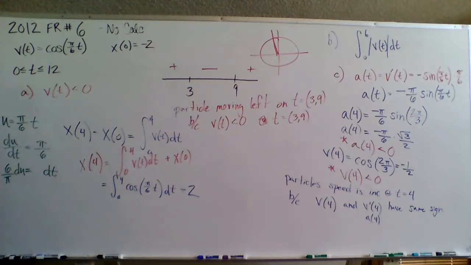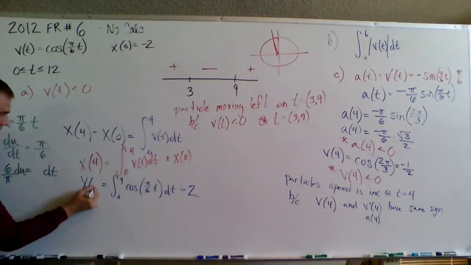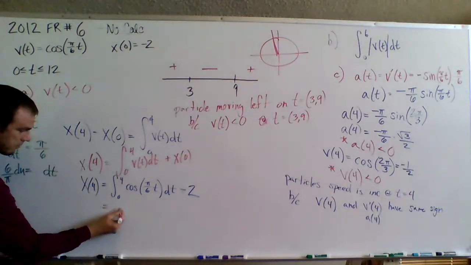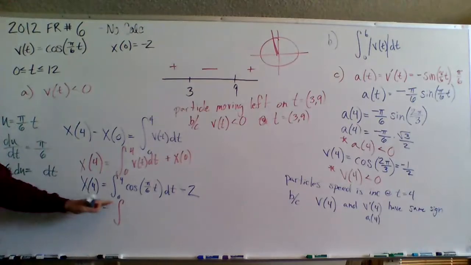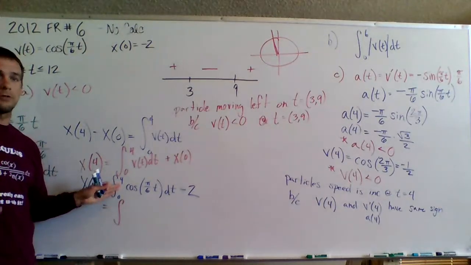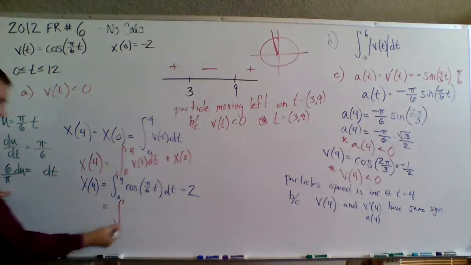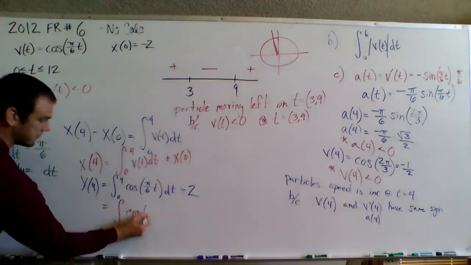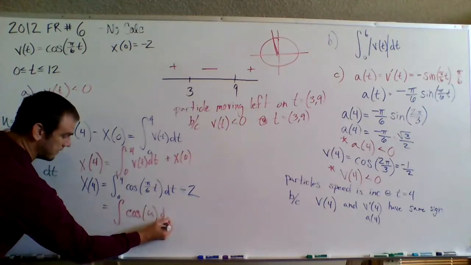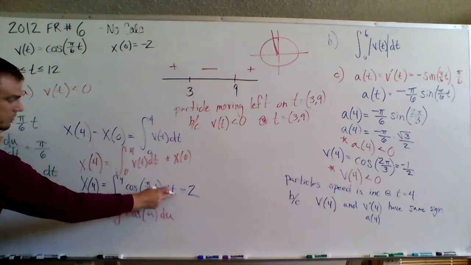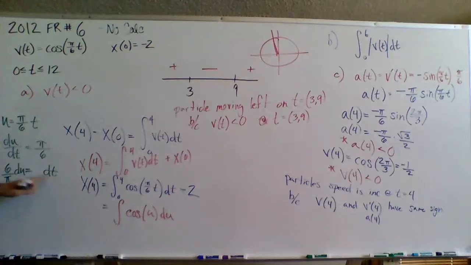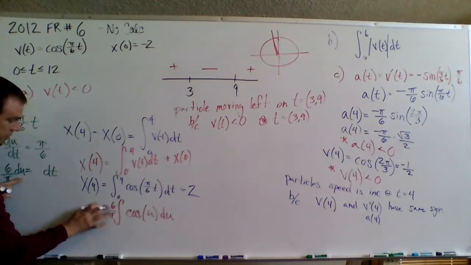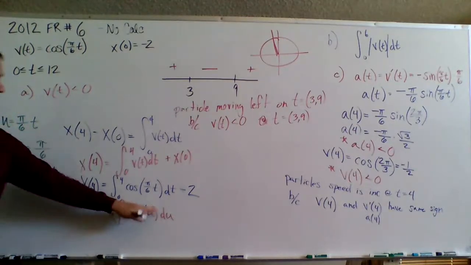So I can do my u-sub. When I do my u-sub, this is going to equal the integral. My integral is not going to be from 0 to 4 anymore, so just hold up there. Cosine of pi over 6 t, which I said was u, du, because I'm going to replace dt with 6 over pi du. 6 over pi is just a constant, so I'm going to bring that all the way out front.